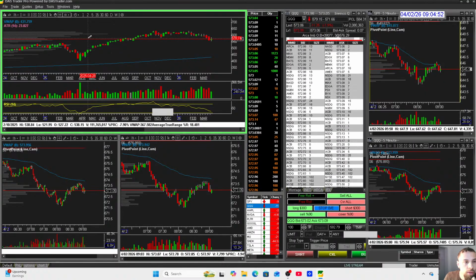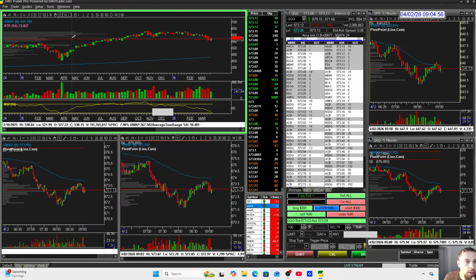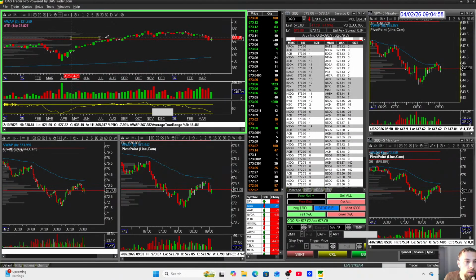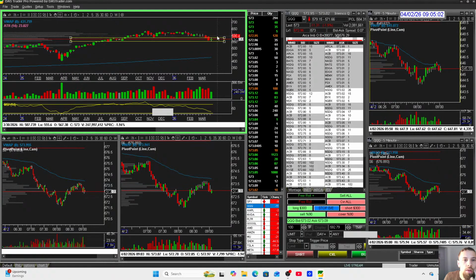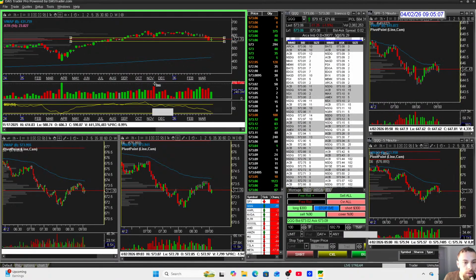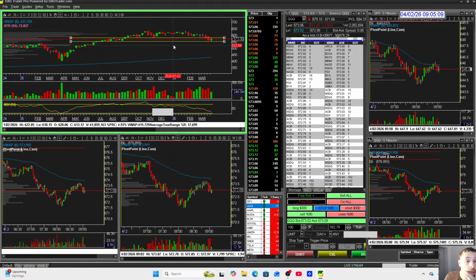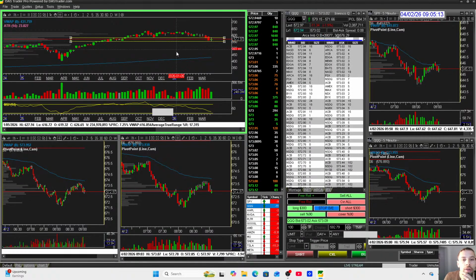So area of resistance here, going off this range up here. Area of resistance being like 583. And then area of support 555.